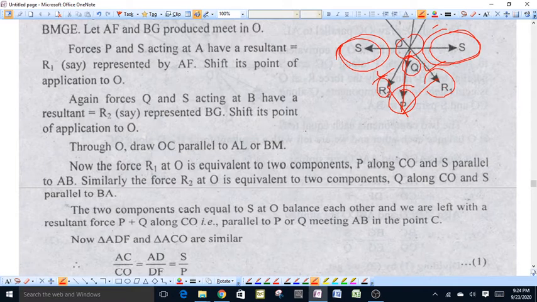This means R1 is equivalent to forces S and P, and R2 is equivalent to forces S and Q acting at point O.